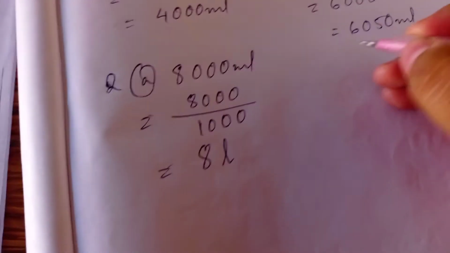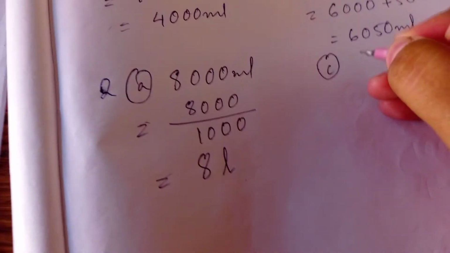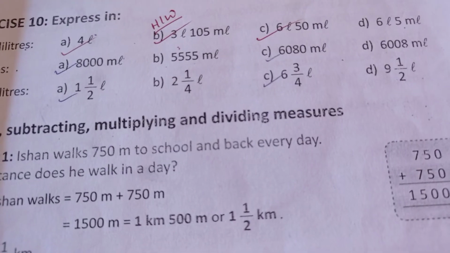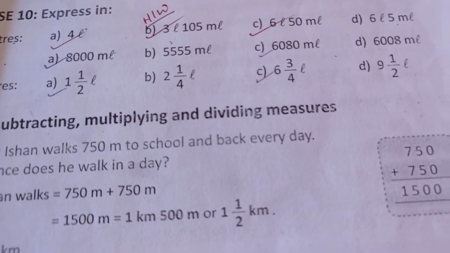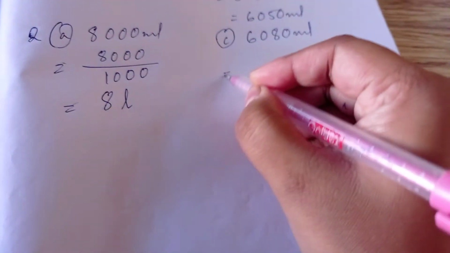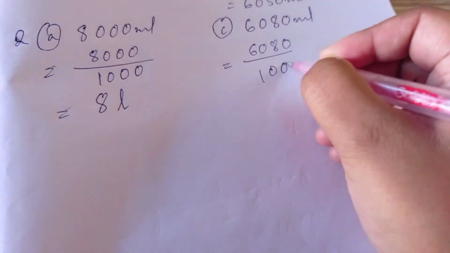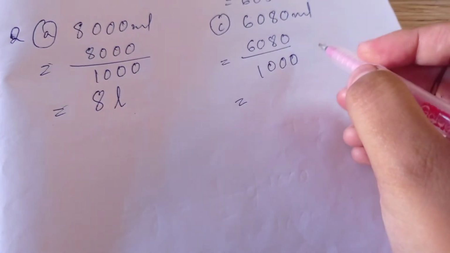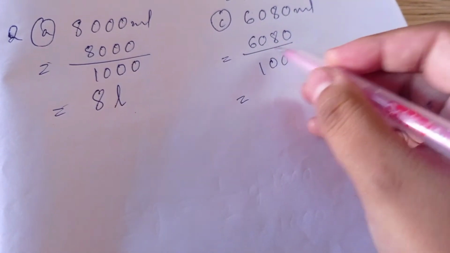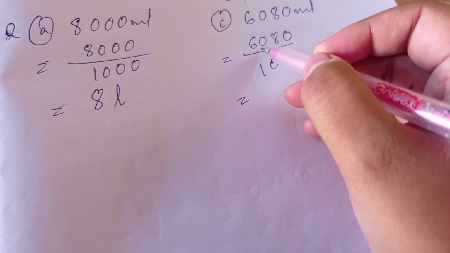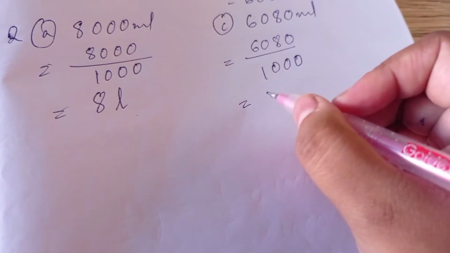Let us do one more question, C. The question given is 6080 ml. How will you do? Again divide by 1000. 6080 divided by 1000. The last 3 digits will be in ml, and whatever is left out will be in liter.